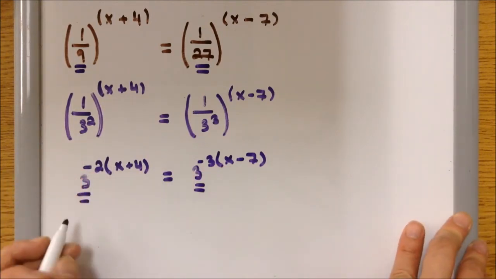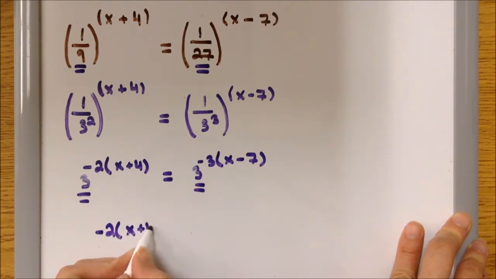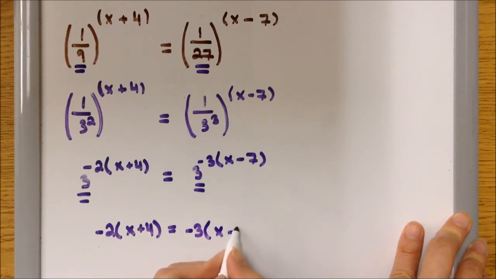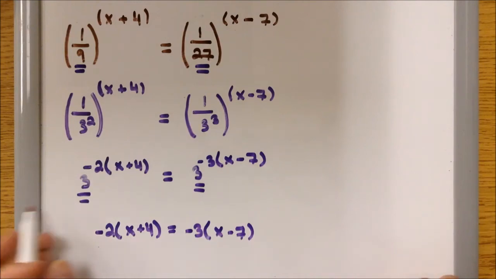So I'm going to write the exponents. So negative 2 times x plus 4 equal negative 3 times x minus 7. And just like before, since we have a number including a negative outside the parenthesis, we're going to distribute.